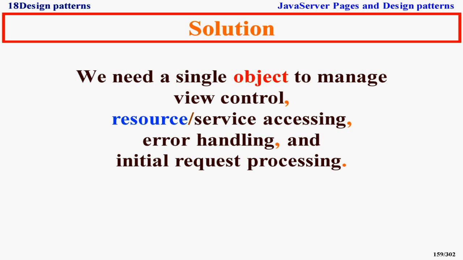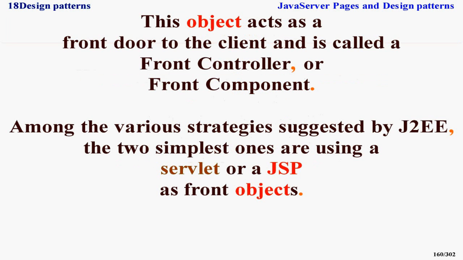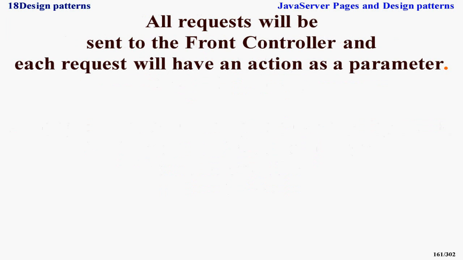We need a single object to manage view control, resource, service accessing, error handling, and initial request processing. This object acts as a front door to the client and is called the front controller, or front component. Among the various strategies suggested by J2EE, the two simplest ones are using a servlet or a JSP as front objects. All requests will be sent to the front controller and each request will have an action as a parameter.